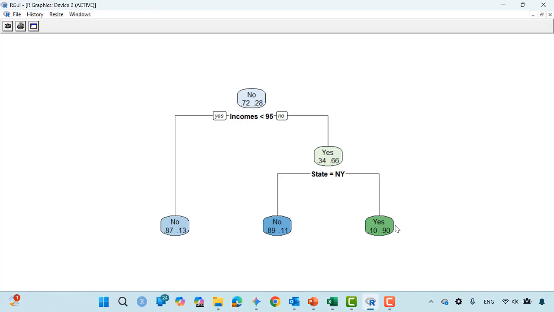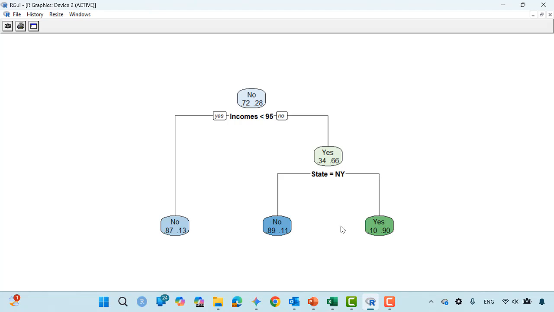If a customer is most likely to be a paying customer, the least likely scenario is no, he's not going to be a paying customer. Then of course you know, if a customer is classified into this node, he is 10% likely to not be a paying customer.